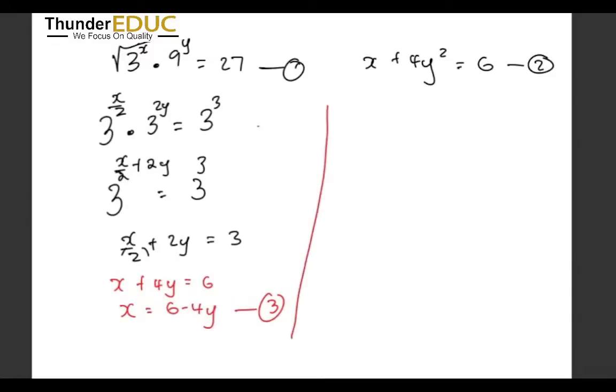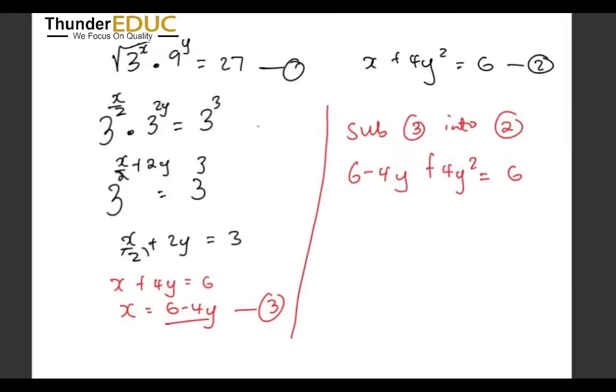Then I'll come down and substitute equation 3 into equation number 2. Where there is x, I'll just put that. So I'll have 6 minus 4y plus 4y squared is equal to 6. Since the 6 and the 6 are positive, we move it over, and that side is going to be 6 minus 6, which is a 0.